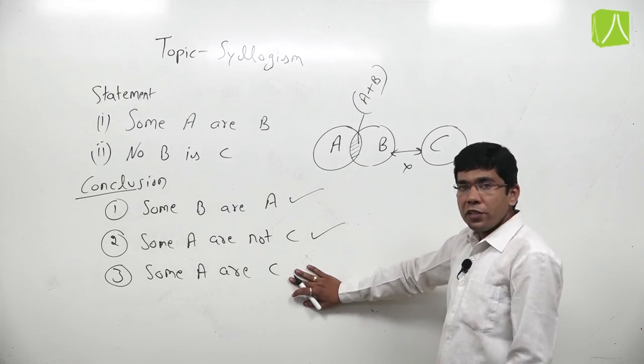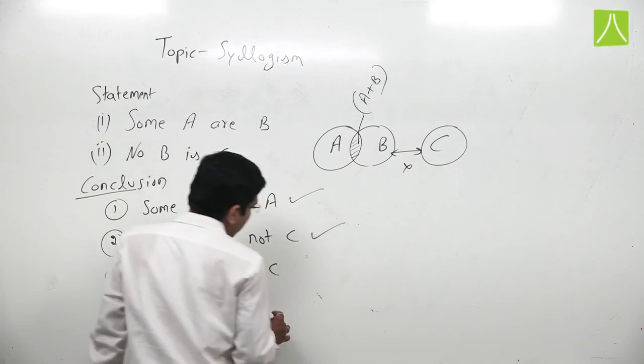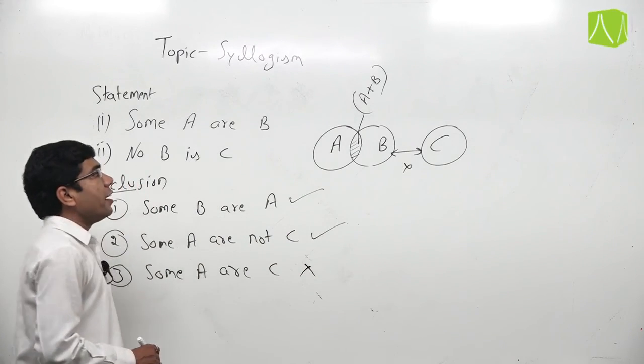Conclusion number third, positive conclusion, some A are C, A and C is not connect, so our conclusion number third is incorrect.